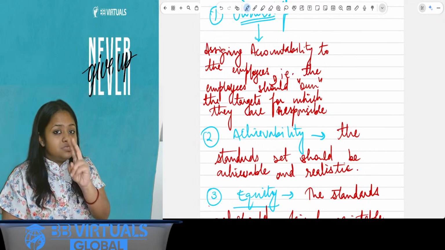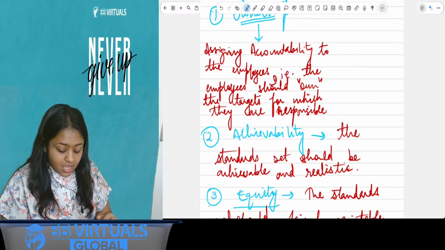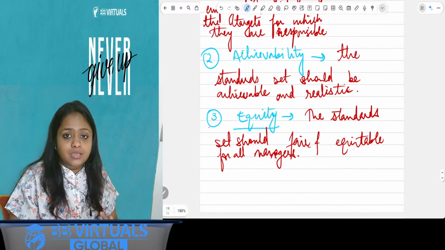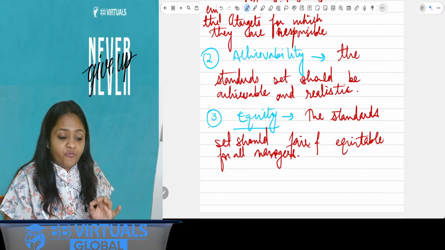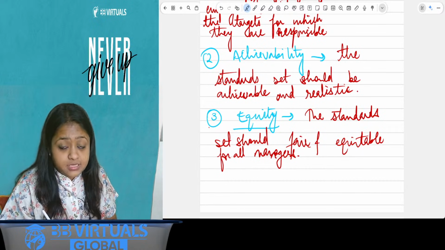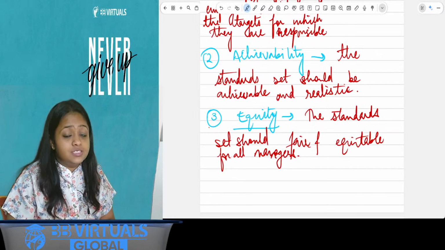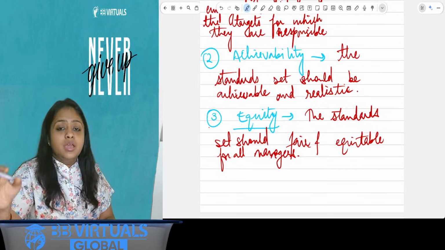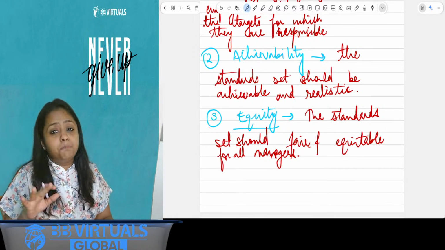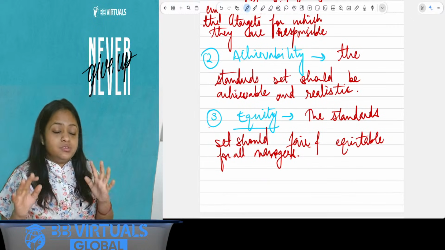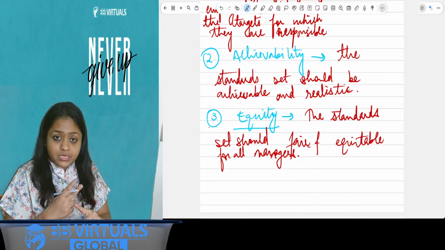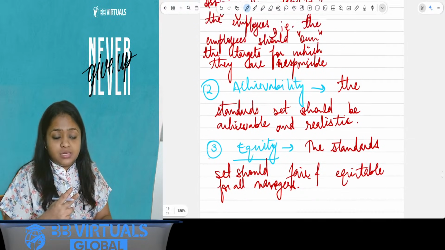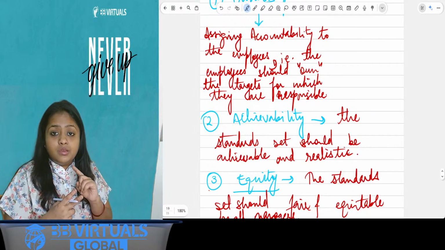Third, your standards should be equitable, meaning they should be fair for all employees, with no discrimination or bias at any level, set with the same parameters.